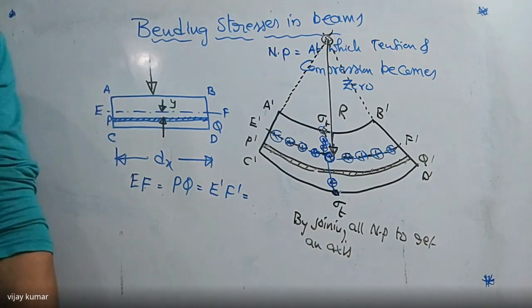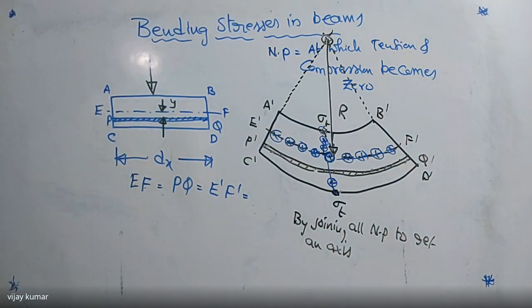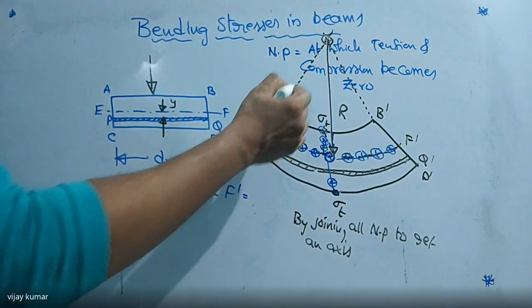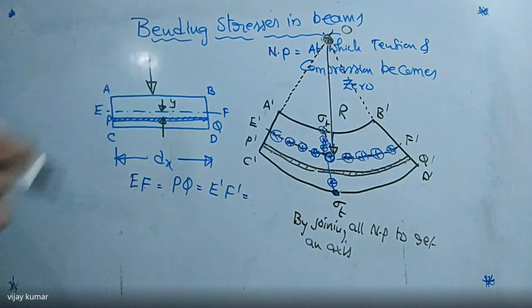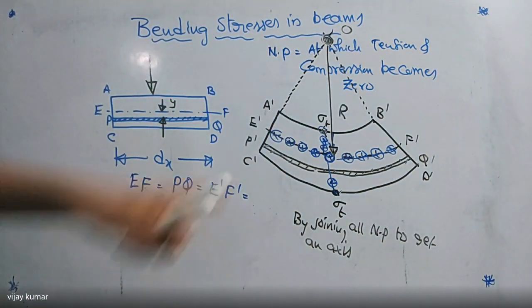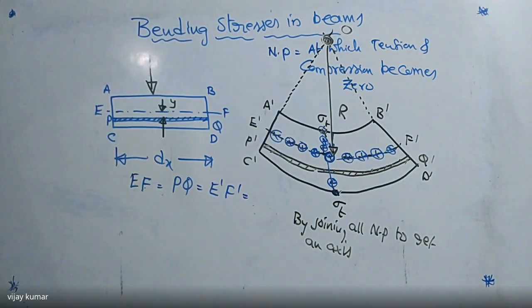Radius of curvature of the beam. Did you get my point or not? The point is nothing but O. We are taking it generally, and this R is nothing but the radius of curvature.